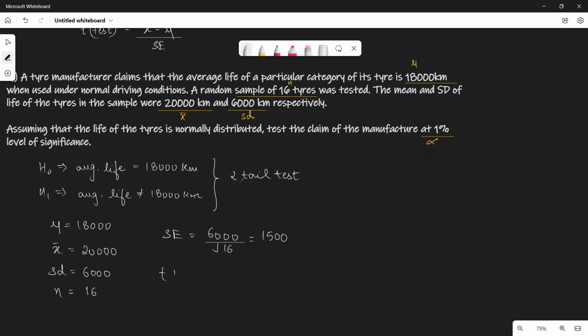Similarly, to calculate the value of the t-test from the data given in the question, it is 20,000 minus 18,000, divided by 1,500. So this is 2,000 by 1,500, that means 1.33. This is the value of the t-test from the data given to us.